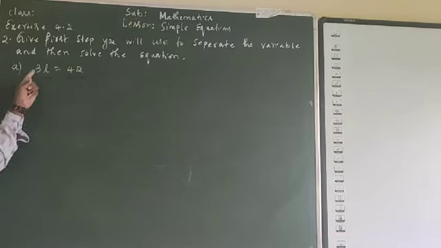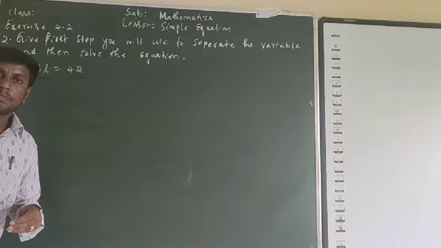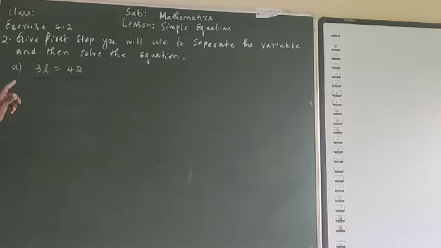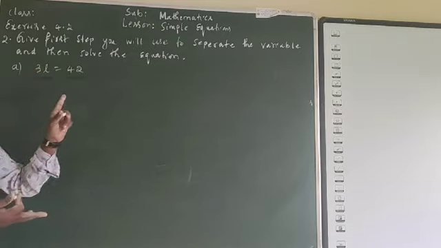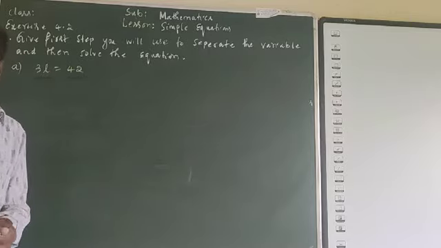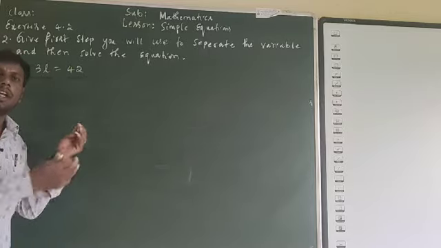In order to remove that L coefficient, what do I need to do? I need to divide by 3, because 3 is multiplied here. But can I divide only the LHS? No, I should divide the RHS also. That is the rule. If you want to divide, divide both sides.